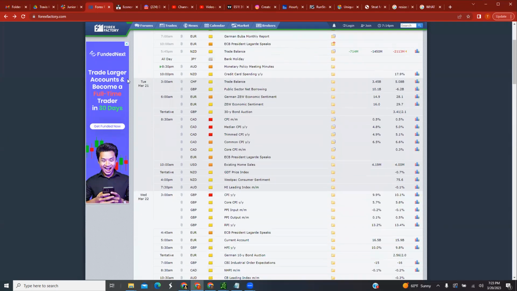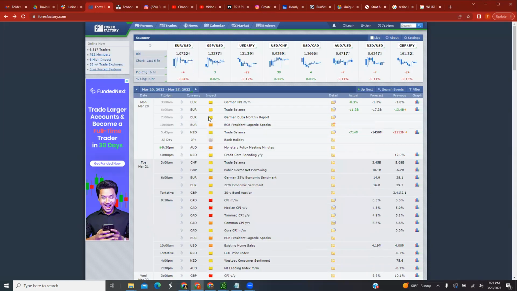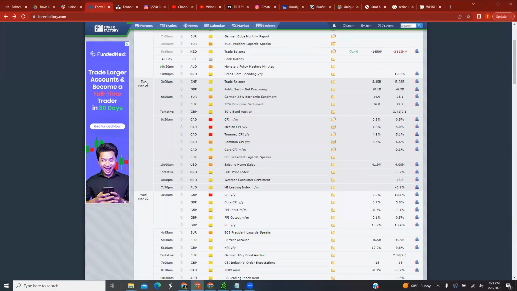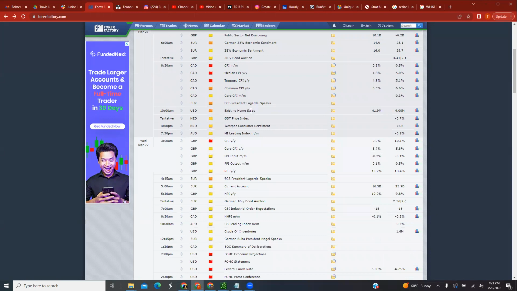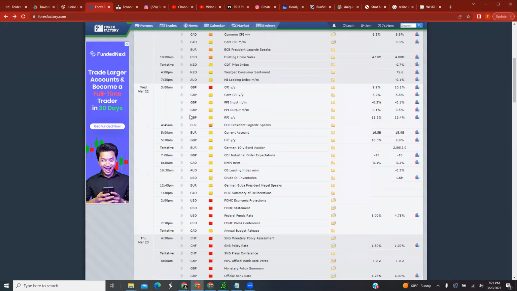So getting back to what we were talking about, we seen there wasn't really any countrywide news for Monday. For Tuesday, for the US, we had existing home sales. So maybe in that industry, as far as real estate goes, we might see a little movement sometime after 10 o'clock.